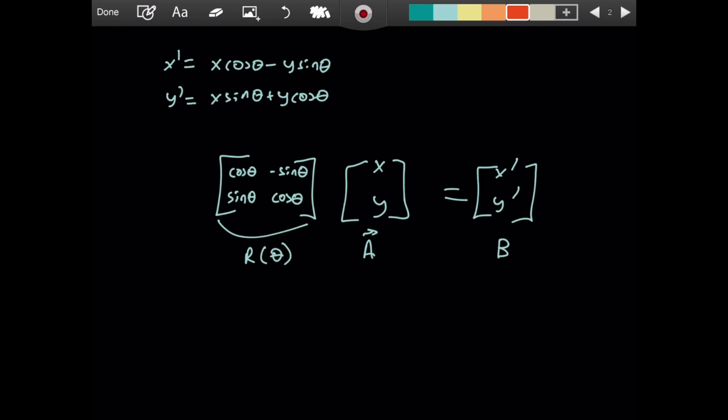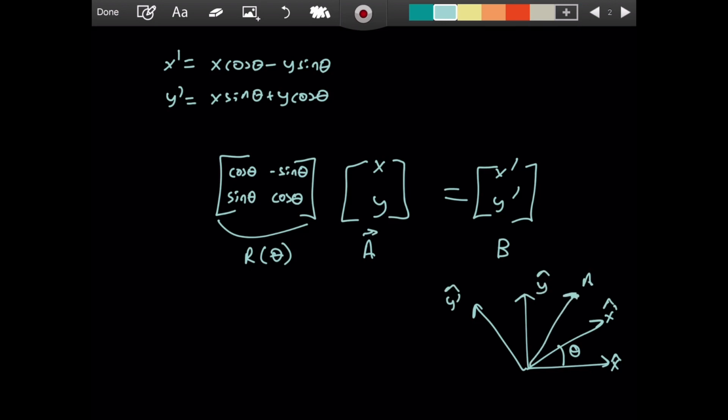And last but not least, I always talk about the other case, the second case. If we were to transform the coordinate system, not the vector, by theta, this is x hat, this is x prime hat, y prime hat, y hat, and we have A, let's say. If I were to do this, then the matrix would be, and I can prove this in a future video if you want, please write that in the comment section. It would be this.